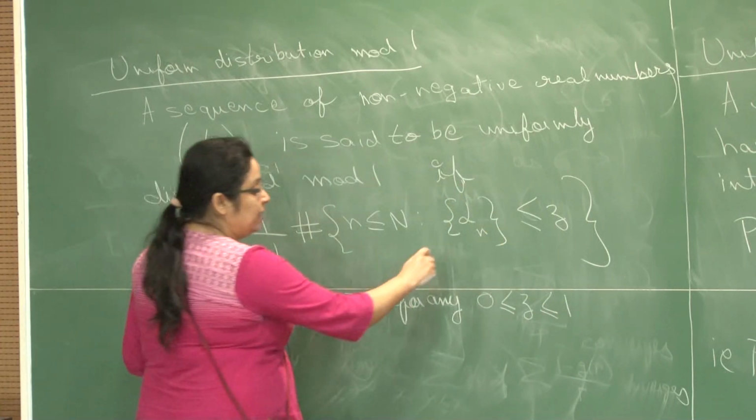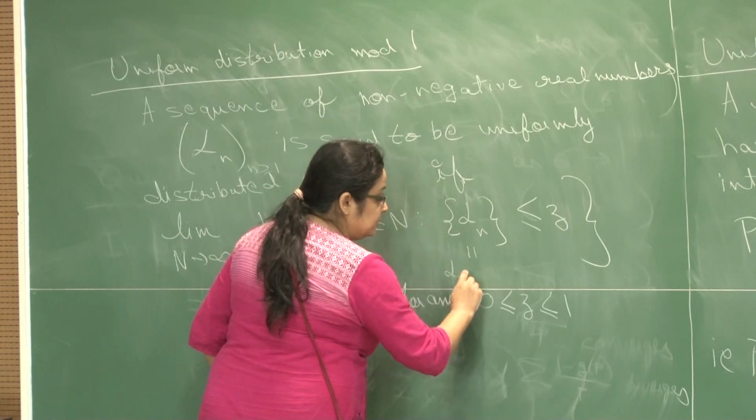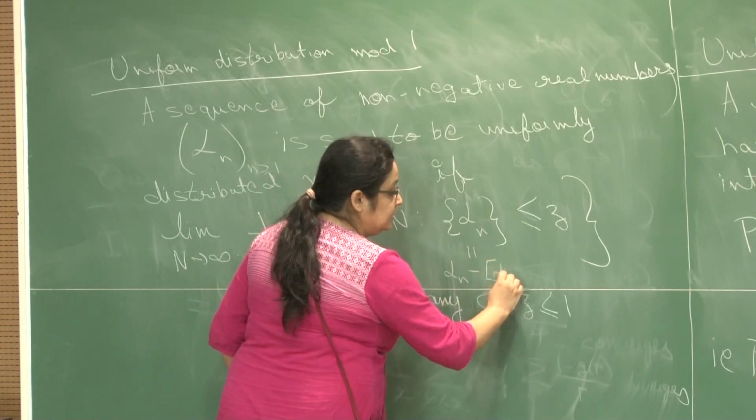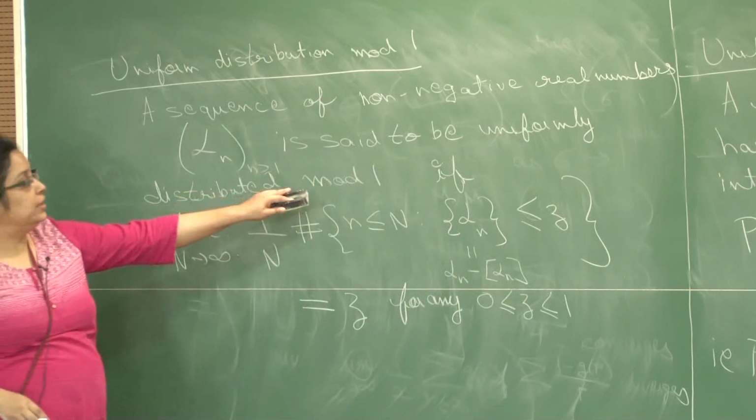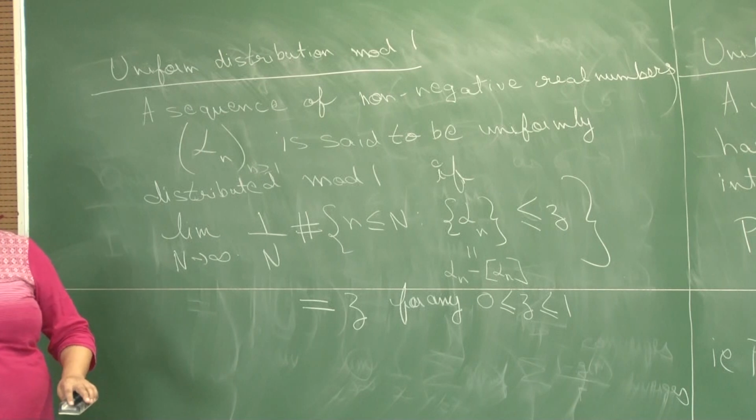What is the fractional part? By definition, it is alpha n minus its greatest integer. That is why we talk about distribution modulo 1, right.